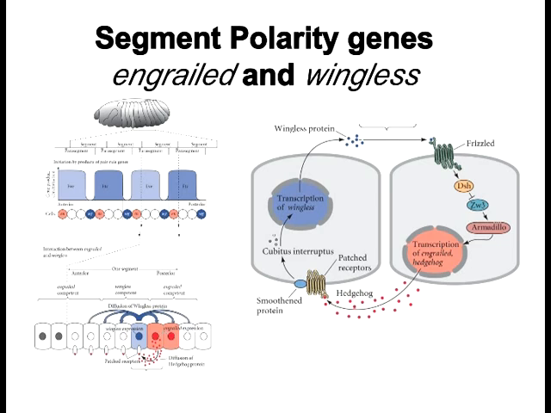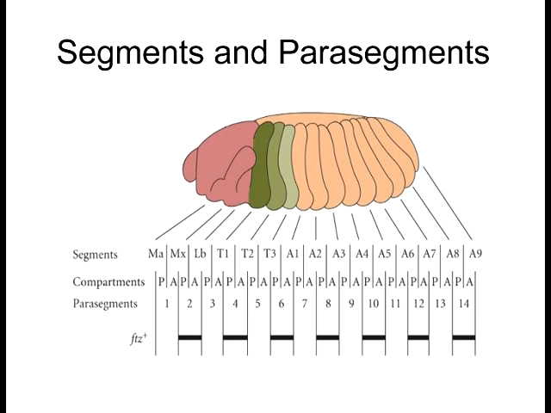That is one of the biggest things we've seen in development that starts causing a lot of the gastrulation movements necessary to create the segments of the Drosophila.